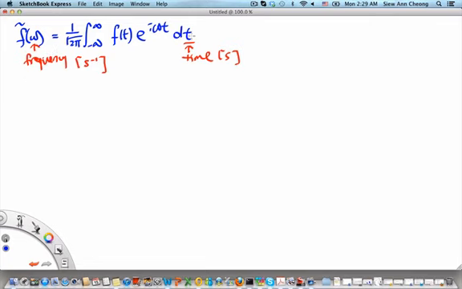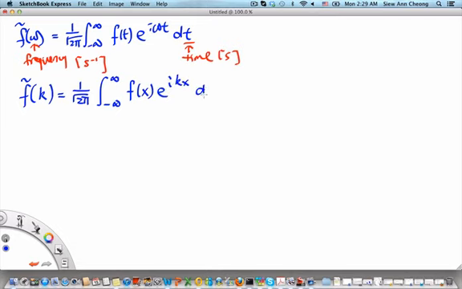But of course, we can pretend that this definition of the Fourier transform applies to any kind of function. So, for example, if we want to write the Fourier transform f twiddle of k of a function of space, we will again write this as 1 over square root 2 pi, the integral from minus infinity to infinity of f of x e^{i k x} dx.